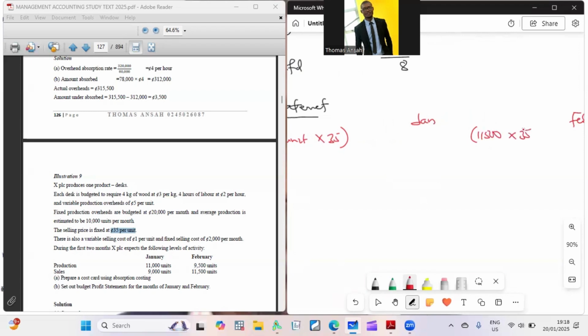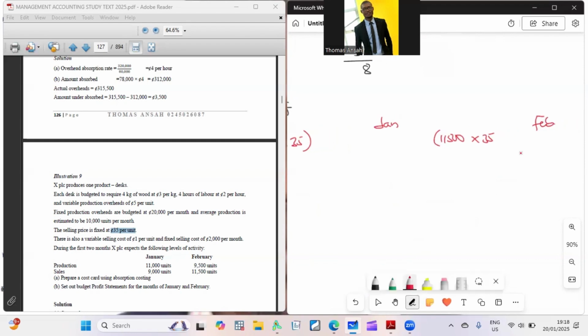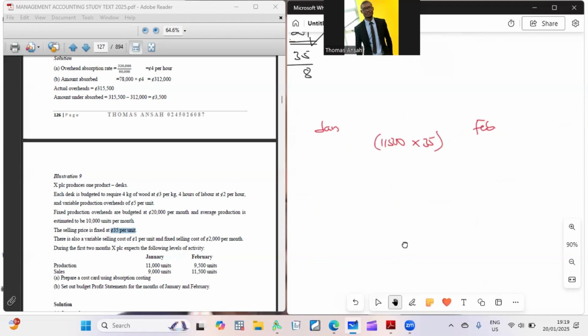So what is the amount? I need to fetch my calculator. All right. So the figure for February is 402,500. Yeah, that's true. That's what I also had here. 402,500.